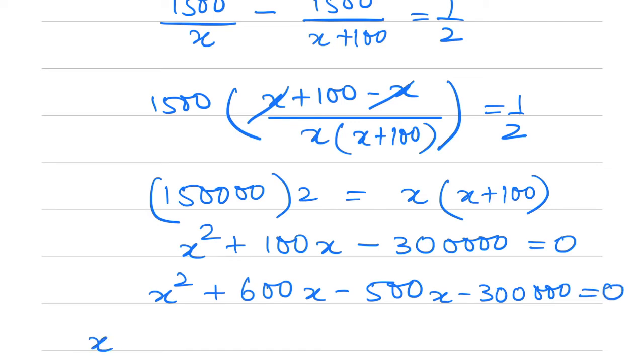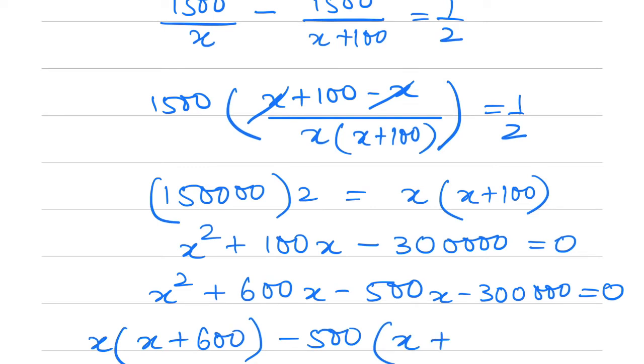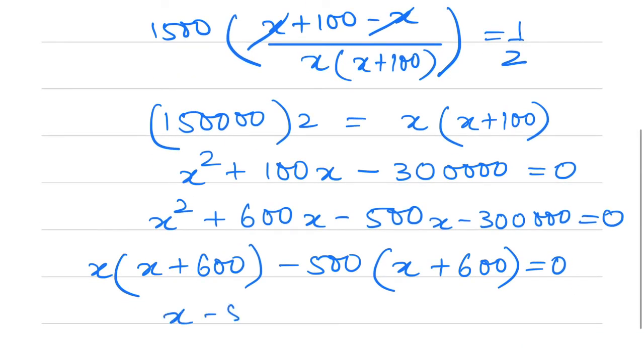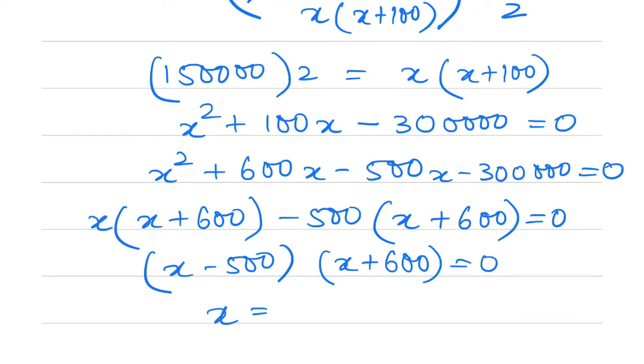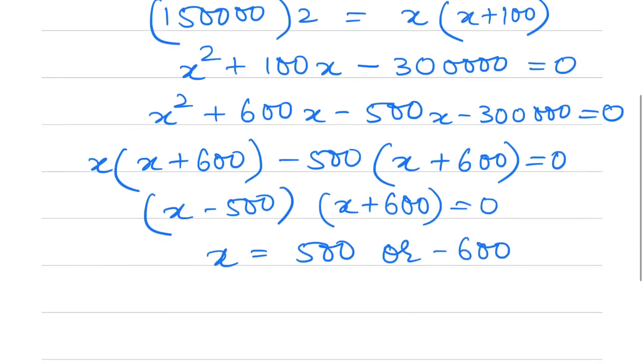So x is common, x plus 600, and minus 500 is common, x plus 600 is equal to 0. x minus 500 into x plus 600 is equal to 0. x is equal to either 500 or minus 600.